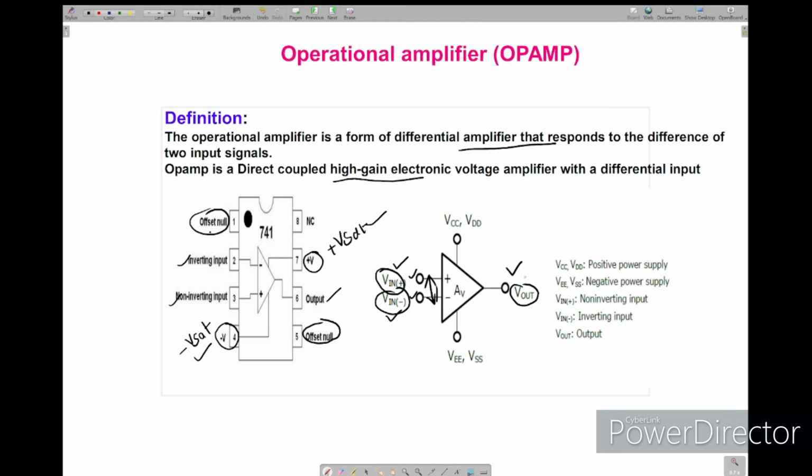To nullify the output voltage when there is no input connected, we can use these two offset null pins. By using offset null pins we can adjust and nullify this output voltage to 0. The main purpose of these two pins is to nullify the output voltage when there is no input connected.